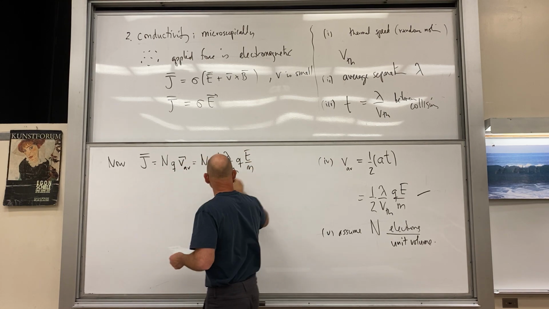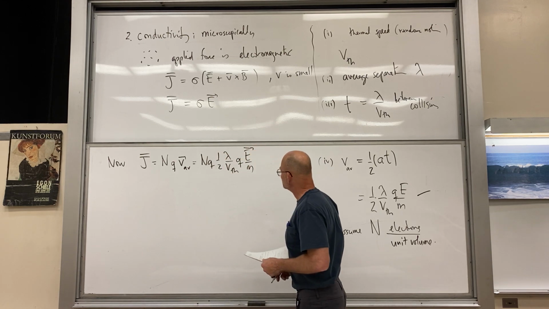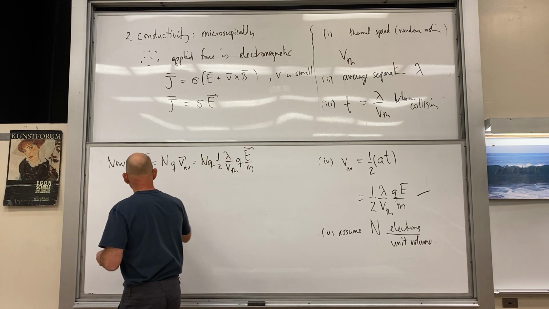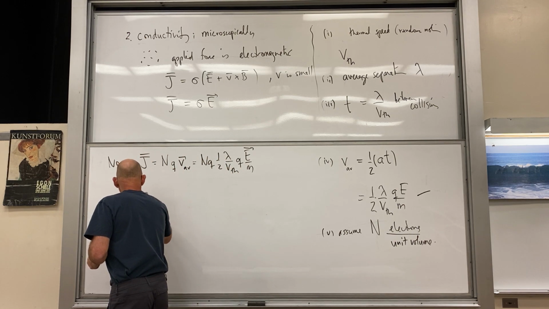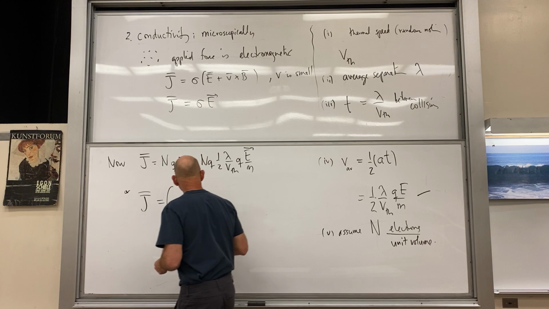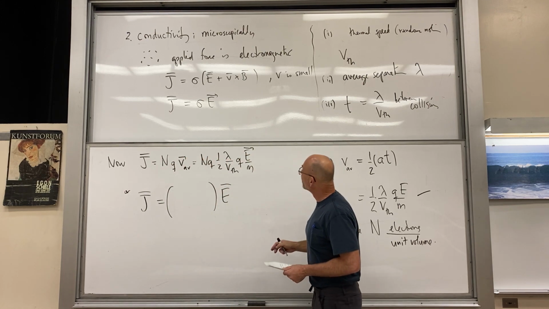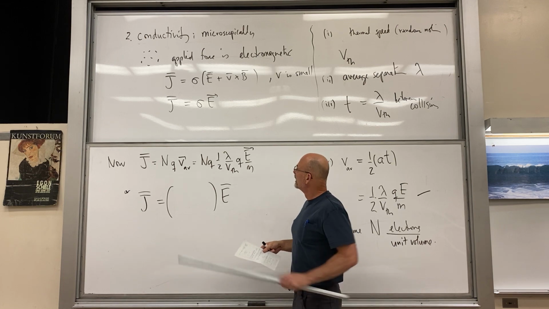Since it's a vector, it's this vector right here. So now let's just bracket what we have outside of the E and have a quick look at it. We have J proportional to E, and remember that was just our sigma.